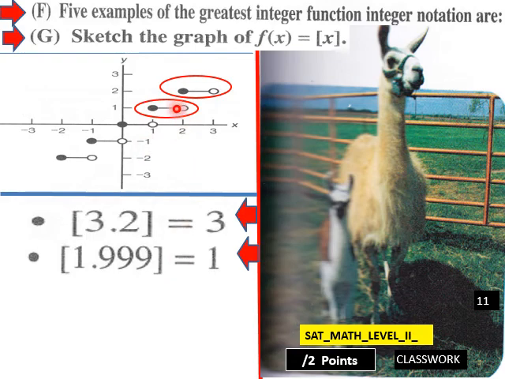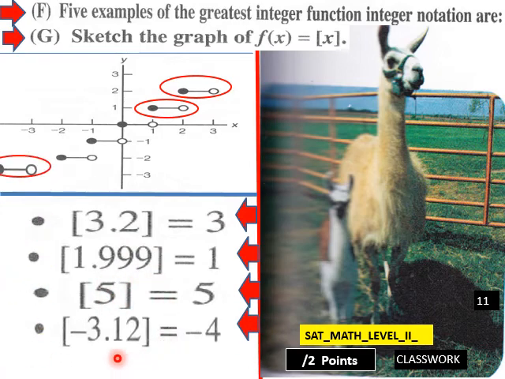And then for bracket 5, which is out here somewhere, it would just be 5 because there is no decimal or anything like that. It's not a fraction, so it's just itself. And then negative 3.12, which is about here, reverts back to negative 4.